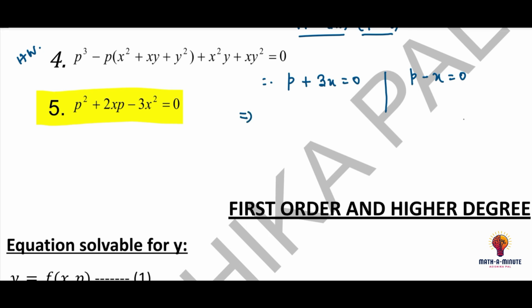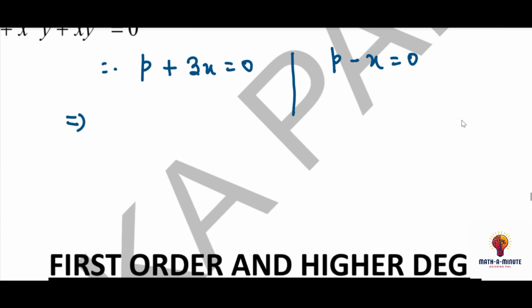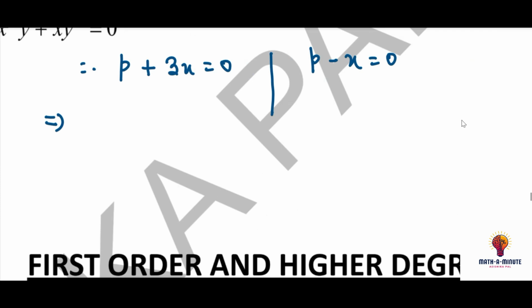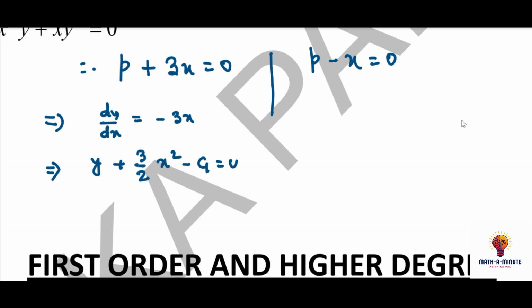Here we can write p as dy/dx equals to minus 3x, and using separation method it's very easy to understand that the solution will be y plus 3 by 2 x square minus c1 equals to 0, and the second one we can write in this form.